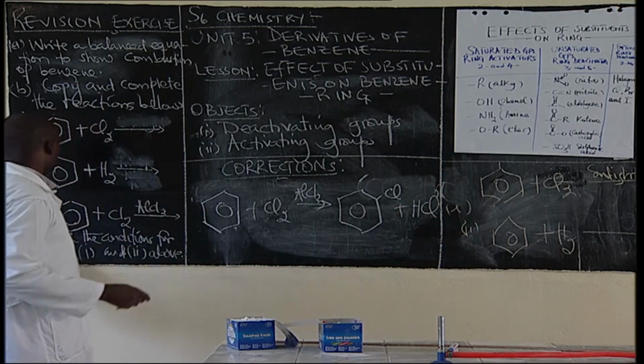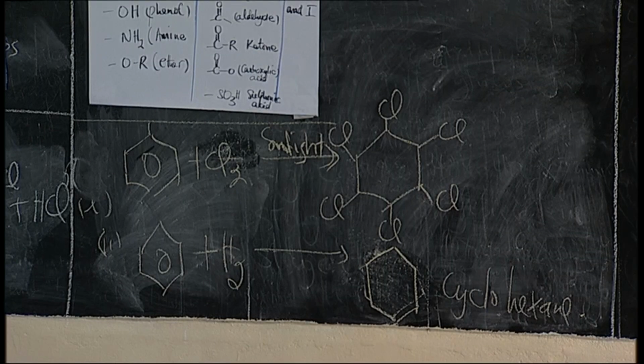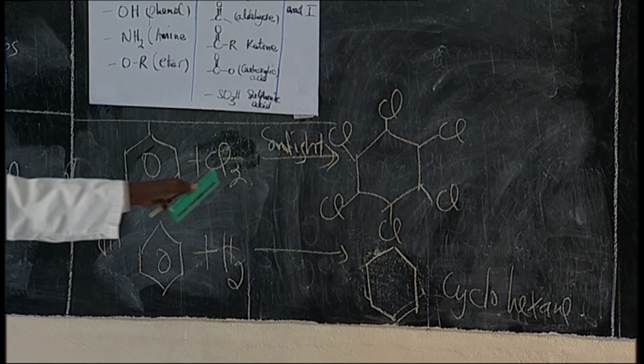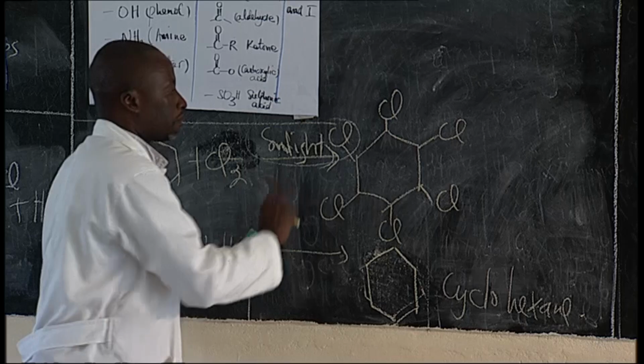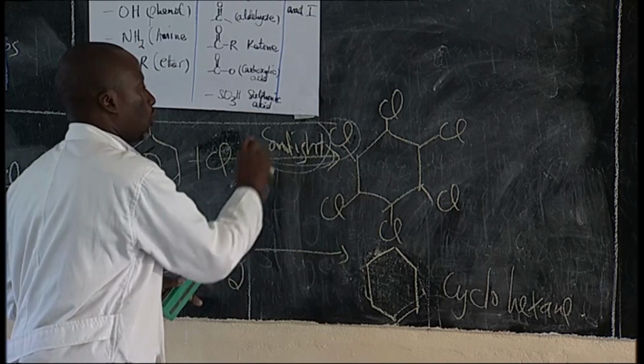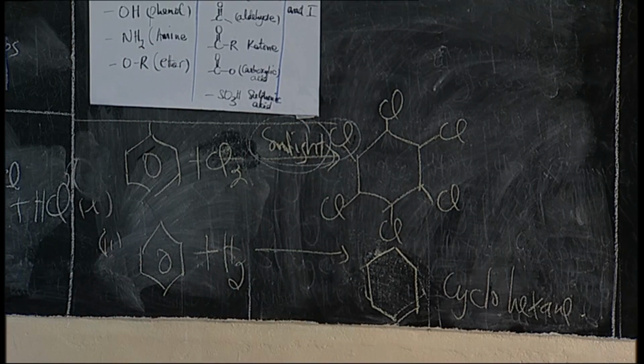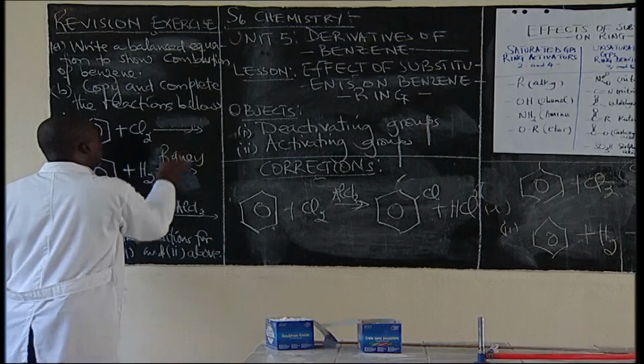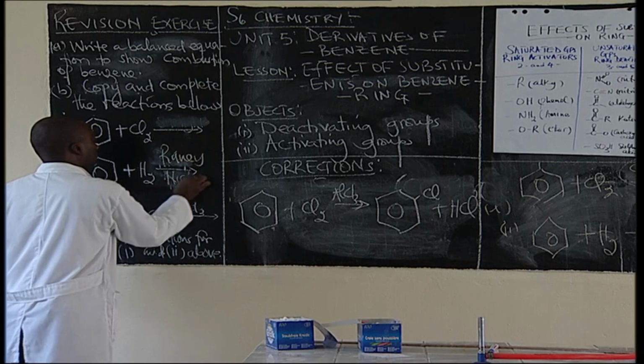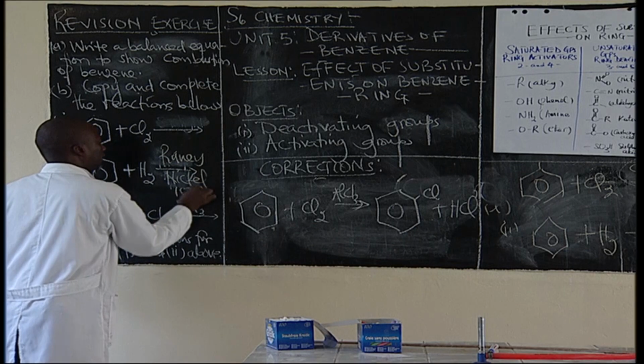State the conditions for reaction 1 and 2. The reaction 1, we have already stated the condition. So the condition is sunlight. So that reaction takes place in presence of sunlight. For this one, hydrogenation, the conditions are here. In the conditions you have what we call Raney nickel at 150 degrees Celsius.